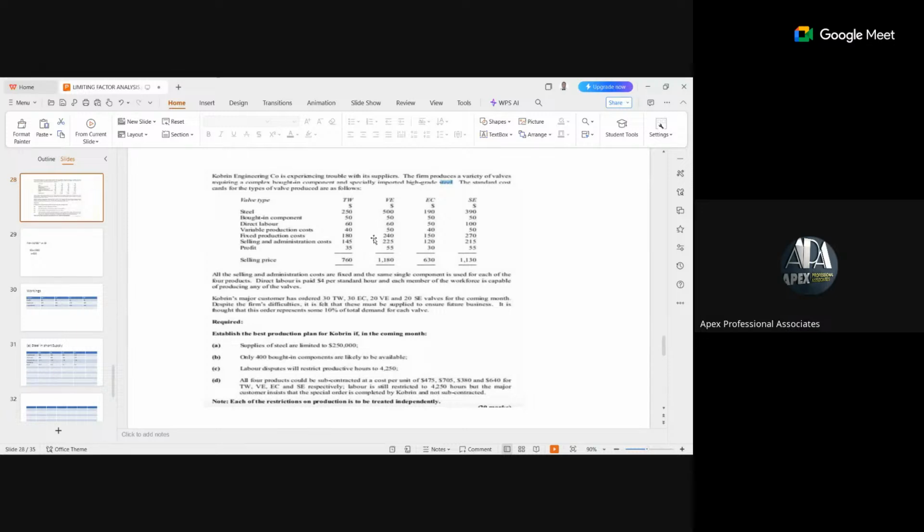When you do the same for VE, that VE's special order is 20. For you to get the overall value of VE, it means 10 over 100 multiplied by X is equal to 20. When you simplify further, you discover that your total value of VE will be 200.